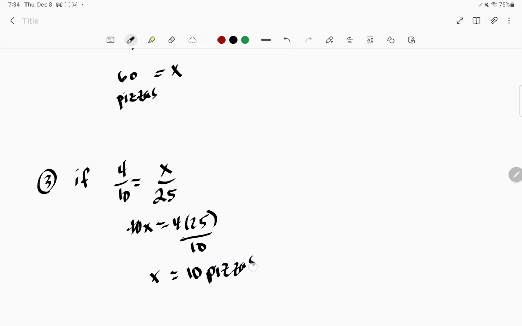So if you're using the ratio of 4 pizzas for 10 people and you have tables of 25, you are going to order 10 pizzas for those tables of 25.